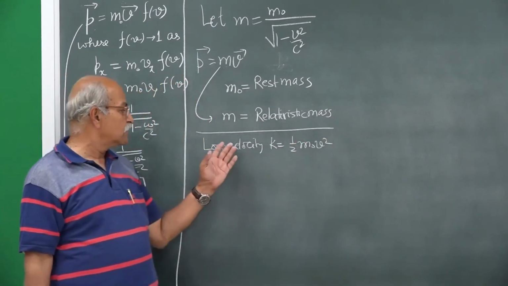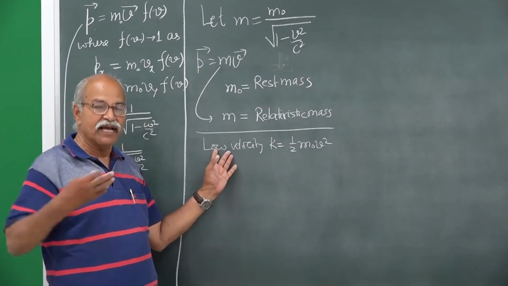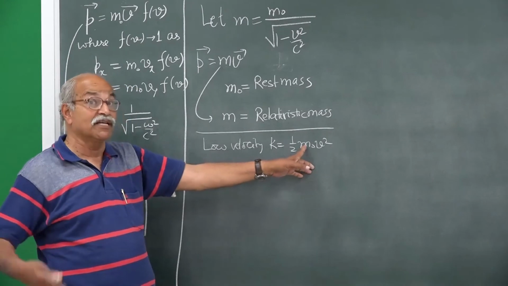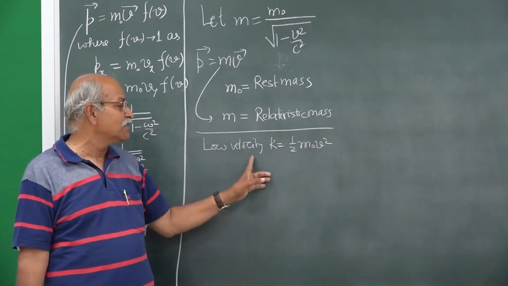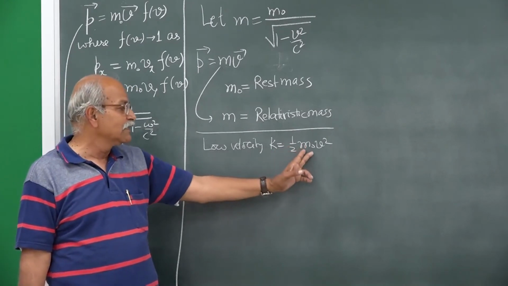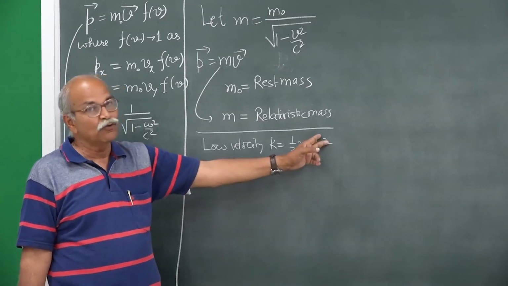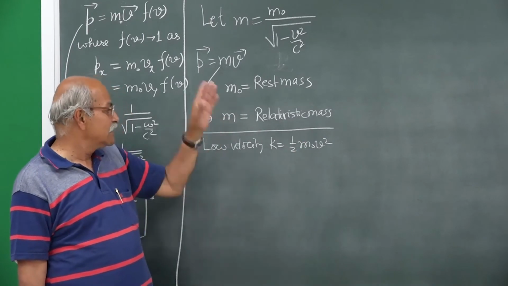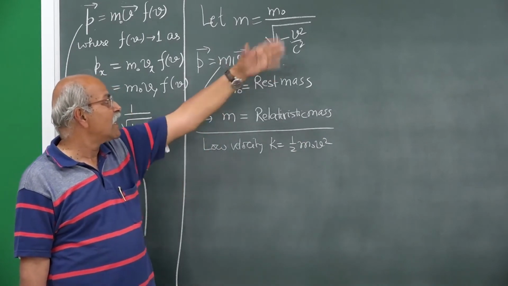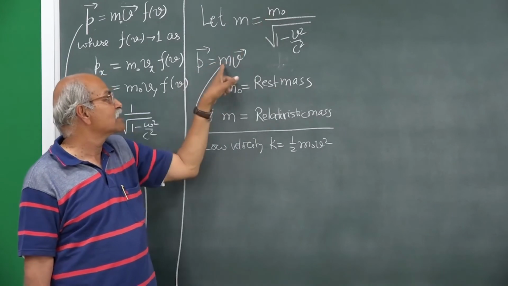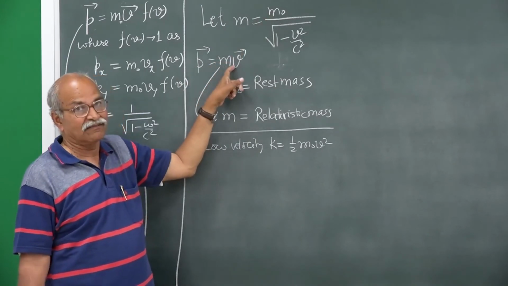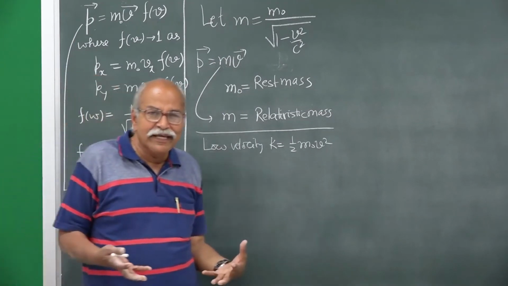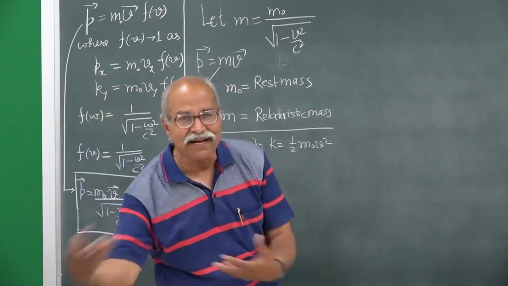But if the particle has a large velocity and you say that okay, its mass has increased and therefore the kinetic energy will be half into that increased mass into v square, it will not work. For linear momentum, yes. If you are at a higher speed and use this quantity here, P equal to mv works, but kinetic energy does not. So, it is not really a mass increasing, it is not that.